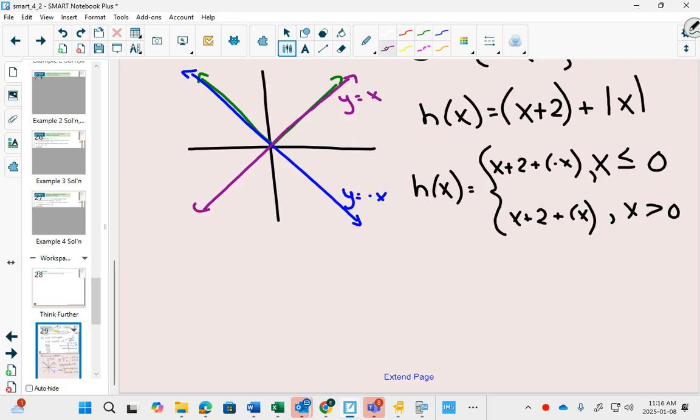If I simplify this, it just becomes 2. Did we notice it was always 2 when x was less than 0? And here, x plus x will be 2x plus 2. We got a straight line with a slope of 2 when x was bigger than 0.